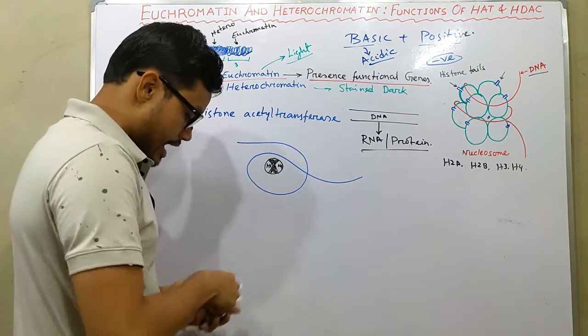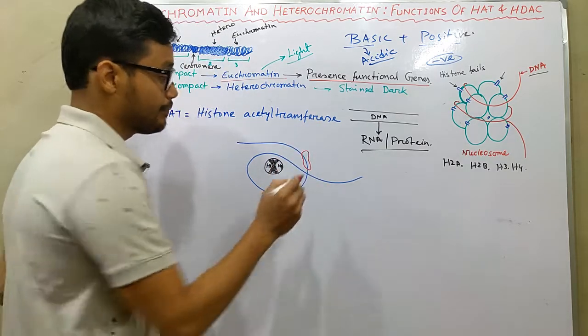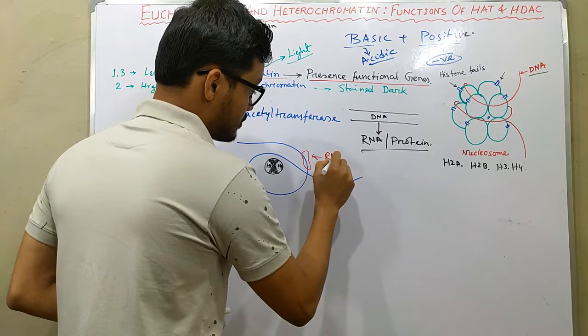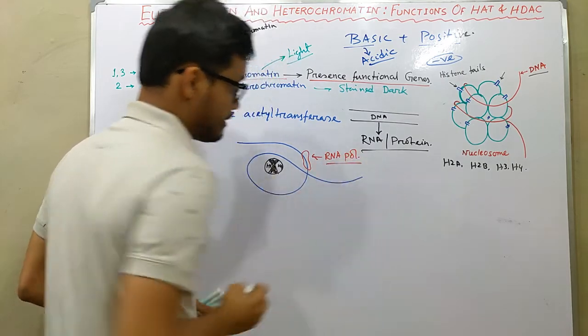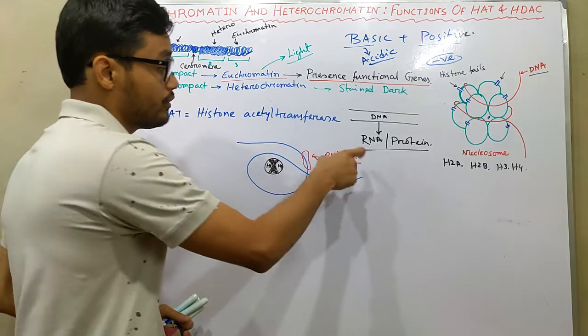In this case, RNA polymerase is capable of binding with the DNA. So this is the RNA pol. RNA polymerase is now available to bind, because here DNA is available to bind with the RNA pol.